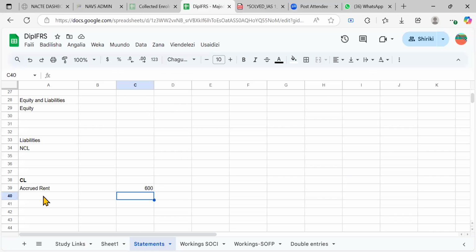Let me just write here warranty. That warranty was having an amount of 12,000, but the actual figure now is 17,500. You see that?